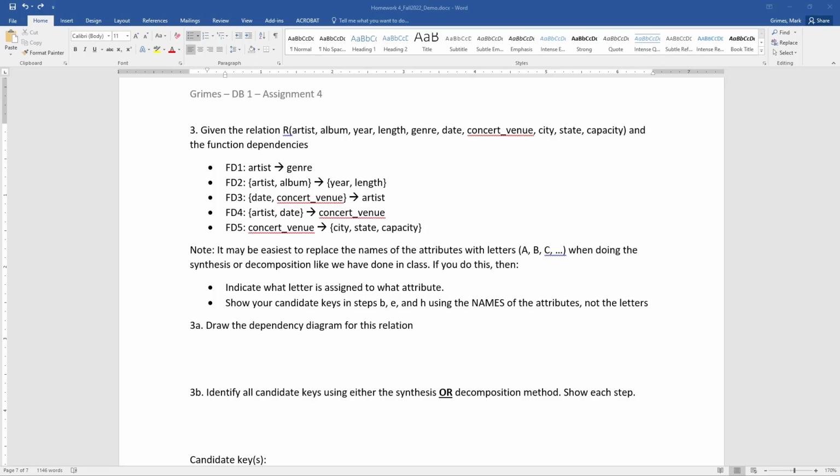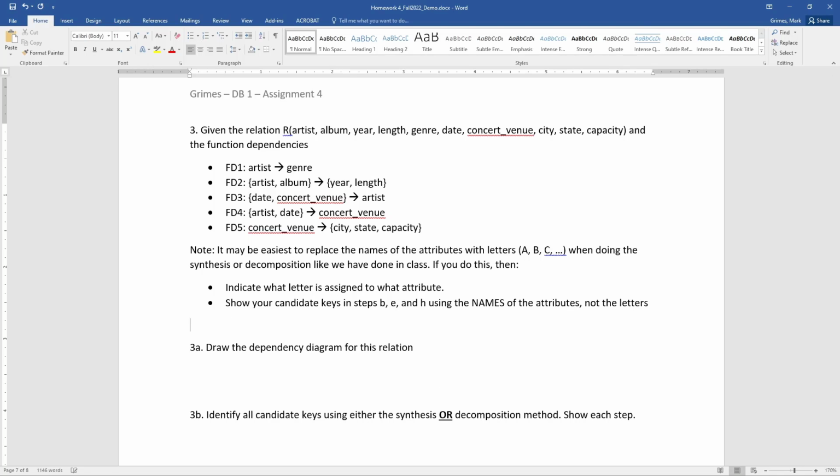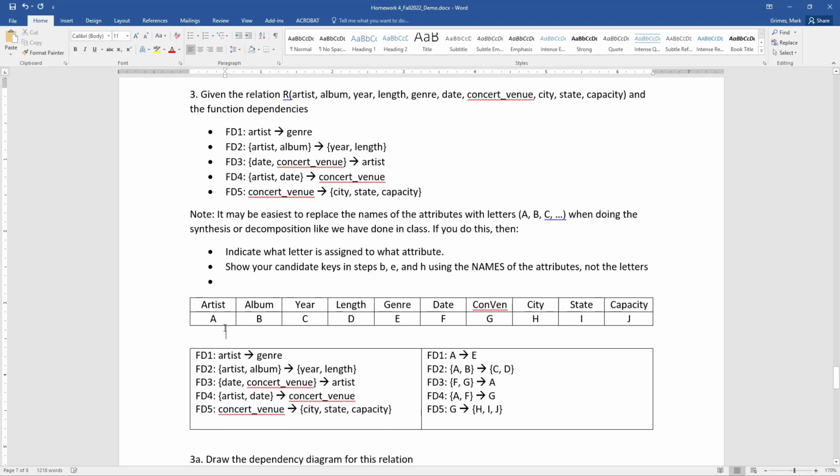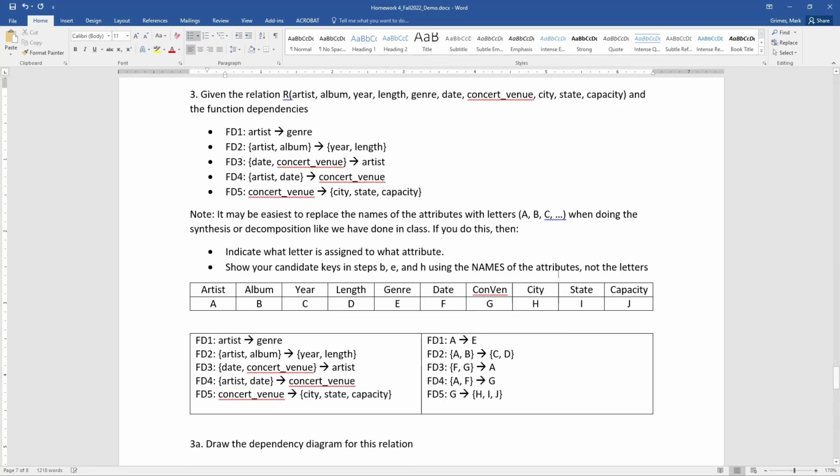So I'm going to go ahead and show you what I did here to make that translation, but I'm not necessarily going to take the time to go click by click through it on the video. But essentially, I just said this attribute artist, we're going to call A, album we'll call B, year we'll call C, and so forth down the line.